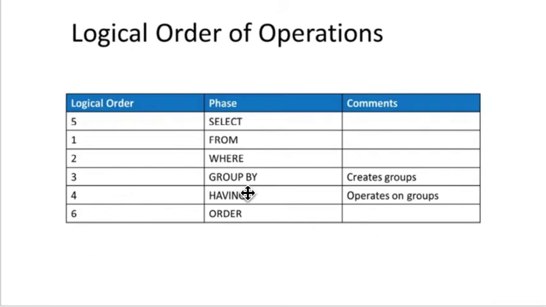We can see that the group by and having go before the select phase. So we cannot use the columns created by the select clause. We can only use the columns from the original table and group by the original columns, using the having clause based on the original column.